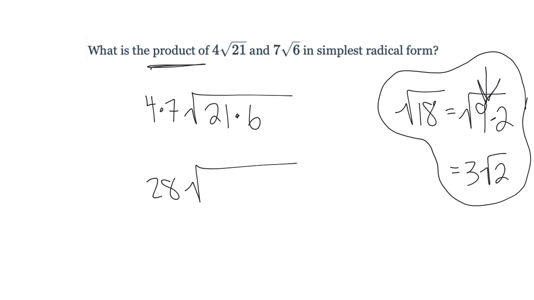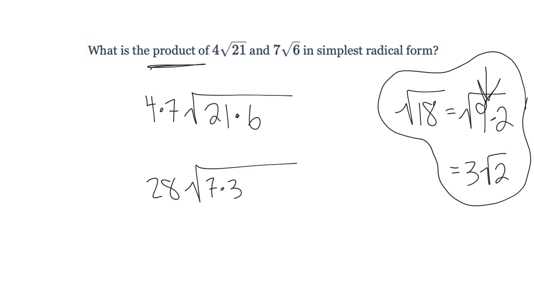So that's what we mean when we say we're looking for hidden squares on the inside of the radical. So in order to find the hidden squares here, I'm not going to multiply 21 times 6. I'm going to rewrite it as what times what can equal these numbers. So 21 is equal to 7 times 3, so I'm going to rewrite 21 as 7 times 3.